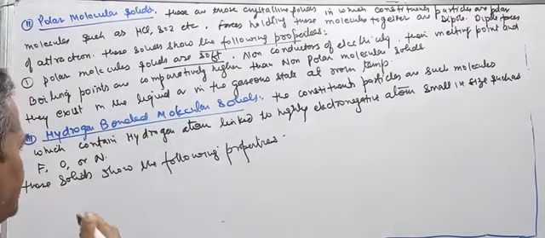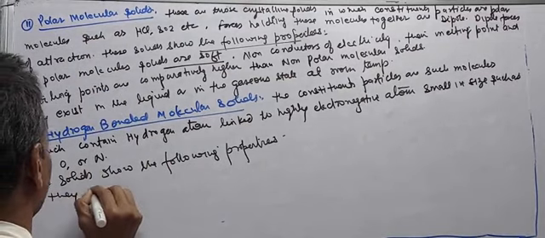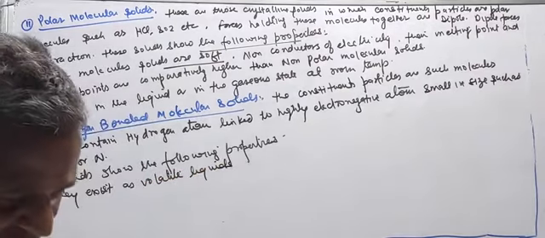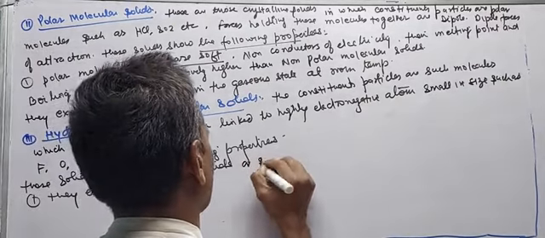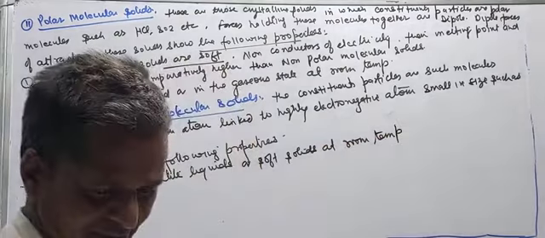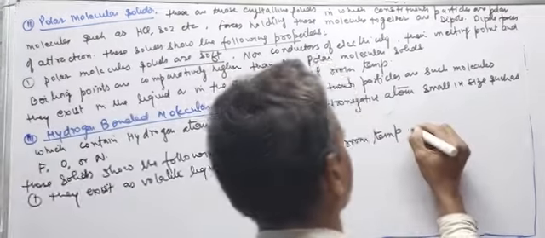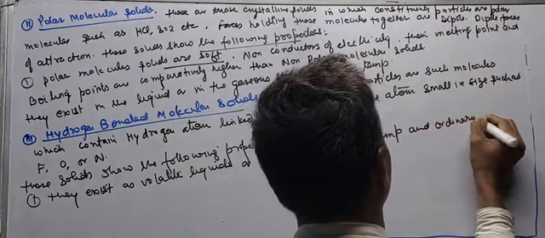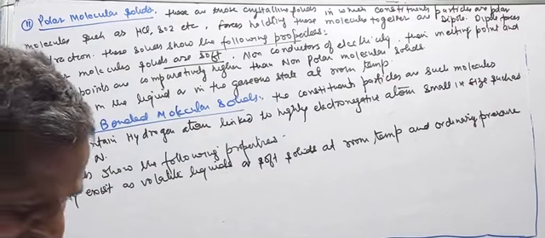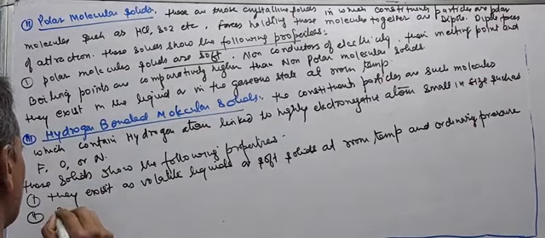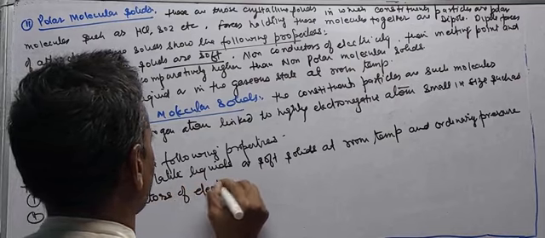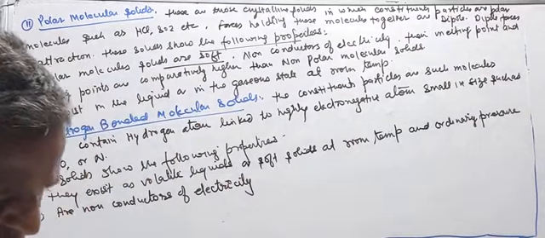They exist as volatile liquids or soft solids at room temperature and ordinary pressure. They are non-conductors of electricity.